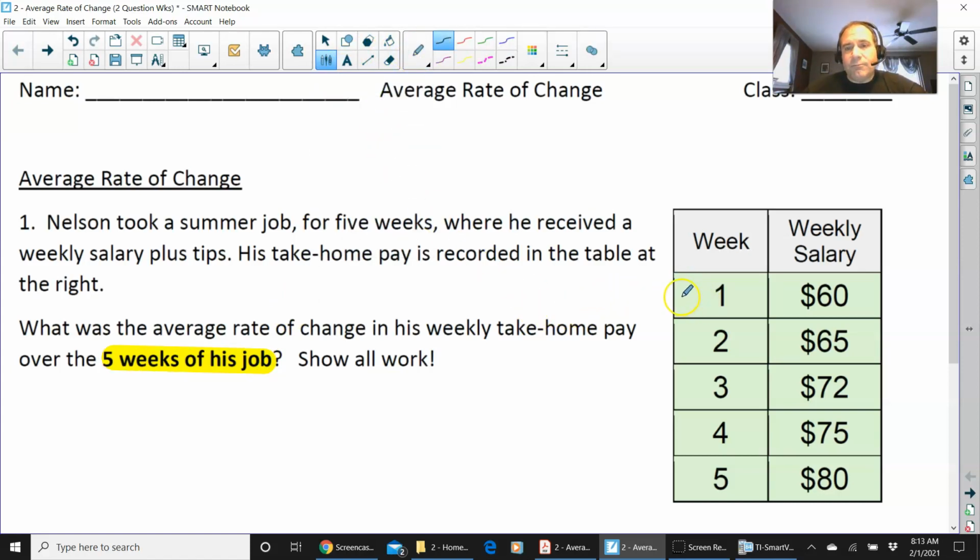Now week 1 becomes X1. His salary is Y1. Remember, time is always X and Y is the salary, money. And instead of putting X2 over here, over the 5 weeks, we're going to go all the way down here. It's telling us we have to use 5.